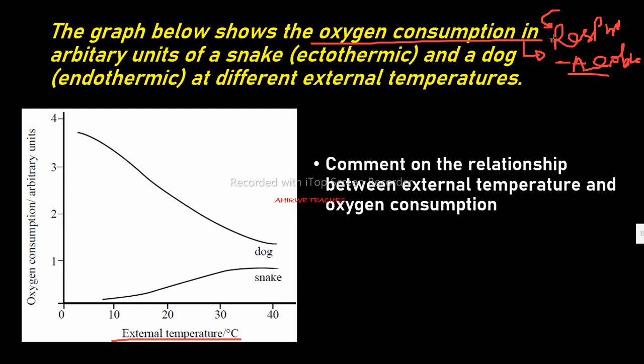If you remember what we discussed when we were studying respiration, one of the factors that affect the rate of respiration was temperature. And which temperature? The room temperature or environmental temperature. At low environmental temperature, in homeotherms or endotherms, the rate of respiration will be high.